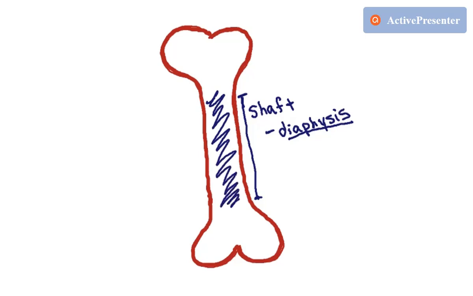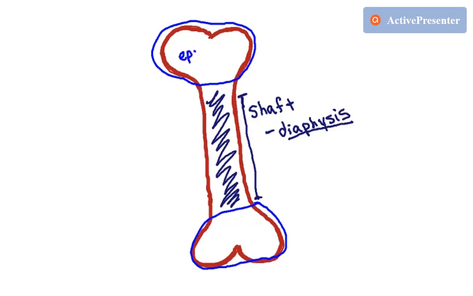Now, what about the ends? So the ends are going to be this whole section up here. And these ends are called the epiphysis, or one is called the epiphysis.